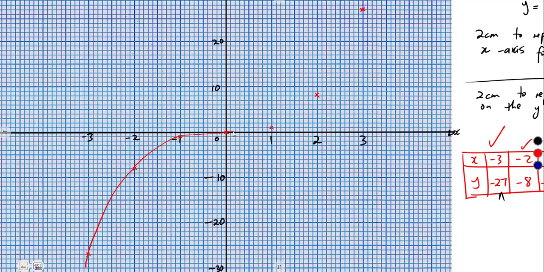Below the x-axis, going up to 1, going up. All right, let's go up to this point, then up to the last point, smooth like that. All right. So this is the curve y is equal to x cubed.